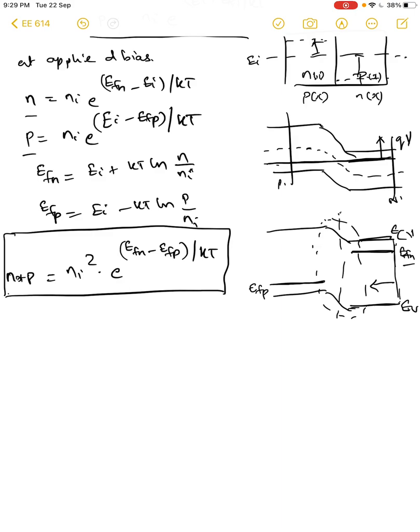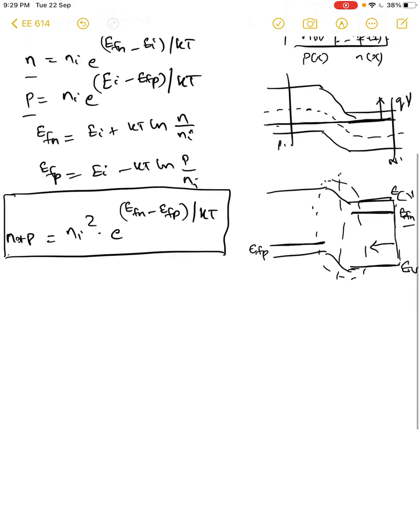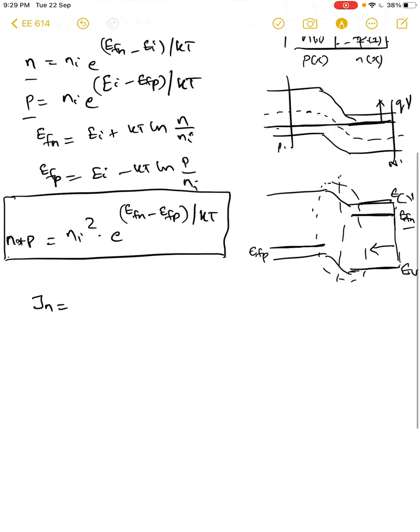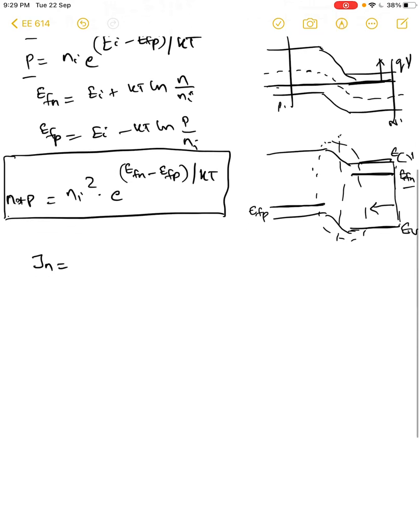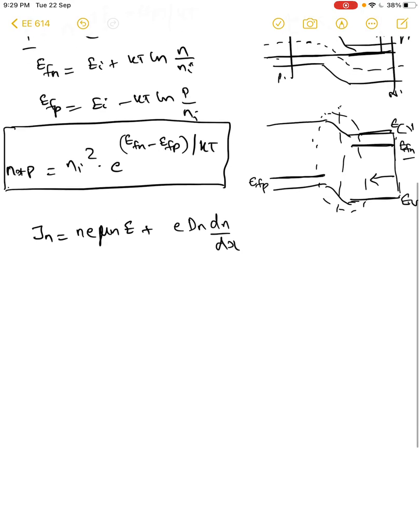So now let us take a look at the current and the expression for the current, right? So we know the total current expression. The current from the electron is again a summation of the drift and diffusion current, which is written as E Ne mu n capital E plus E dn by dx. We have seen this expression many times before.